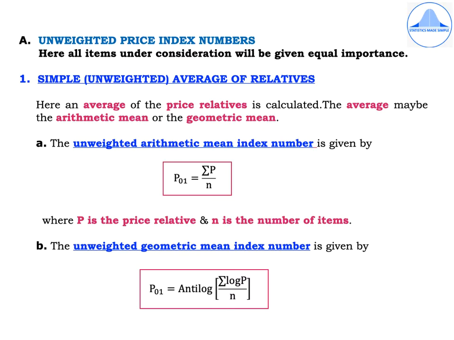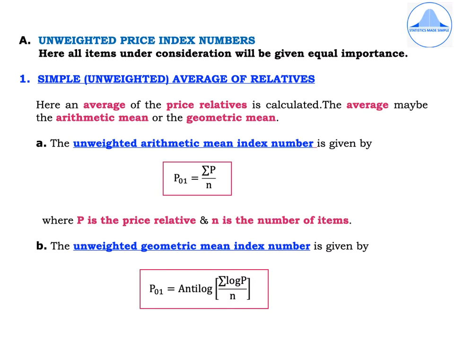Starting with unweighted price index numbers, here all items under consideration will be given equal importance. The first category is simple, or also called unweighted, average of relatives.